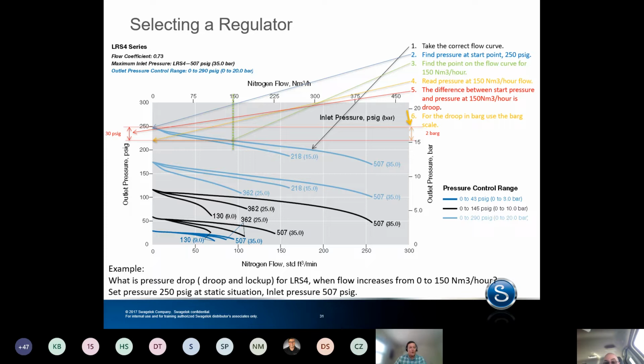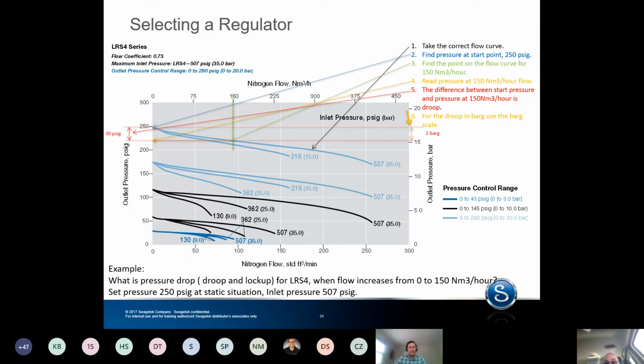Then we want to find where we're starting. In this case, we are starting at 250 PSI. That is the set point at 0 flow. We set it on a bench, everything's deadheaded, 250 PSI. Next, we want to find our target flow rate: 150 normal cubic meters per hour, which is just under 100 SCFM.